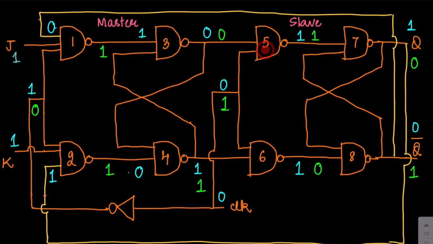So looking at the fifth gate, the two inputs are clock equal to 1 and the output of the third NAND gate, which is 0. So the output of the fifth NAND gate is 1 now. Coming to the sixth one, the inputs are clock equal to 1 and we have 1 from the output of the fourth NAND gate, and hence the output of the sixth NAND gate is 0.